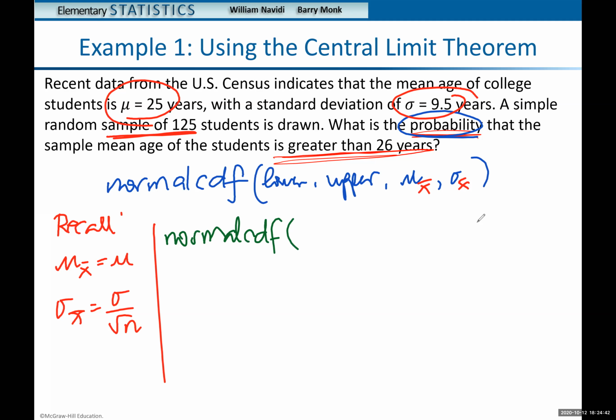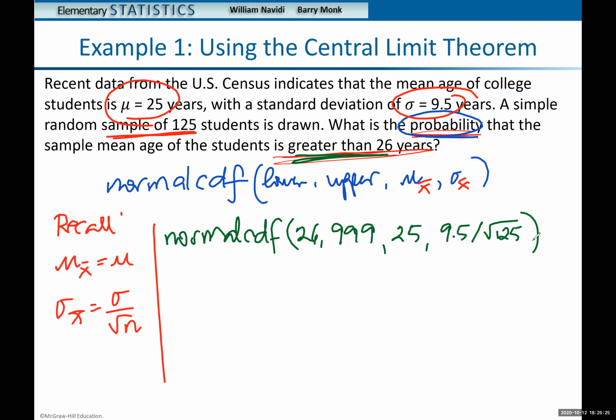Then, just like what we did for 7.1 and 7.2, it says here greater than 26. What is 26? Is it lower or upper? Yes, lower. Very good. So this is 26. So your upper is 999, and the mean of all the means is 25, and the standard deviation, remember the formula. I think you could just type it 9.5 over square root of 125.